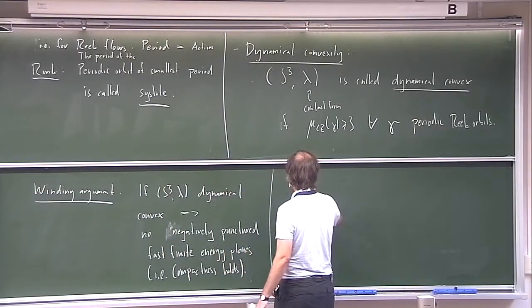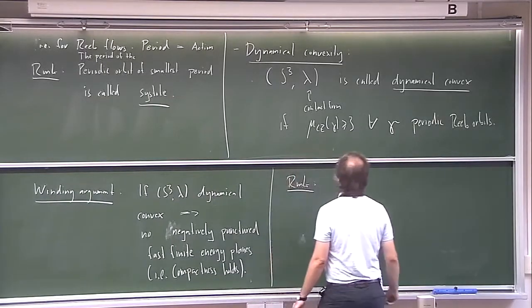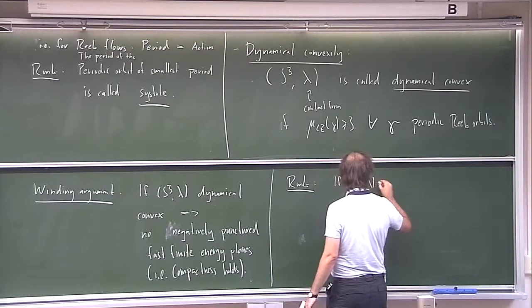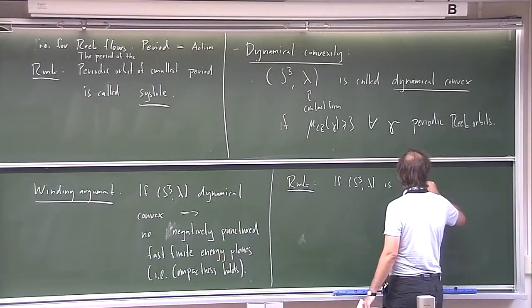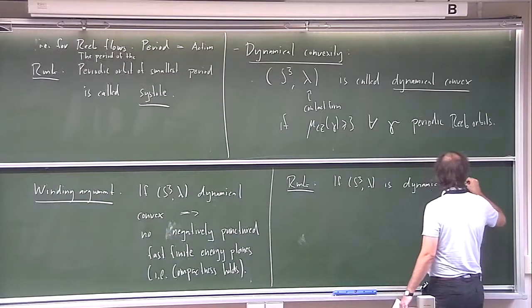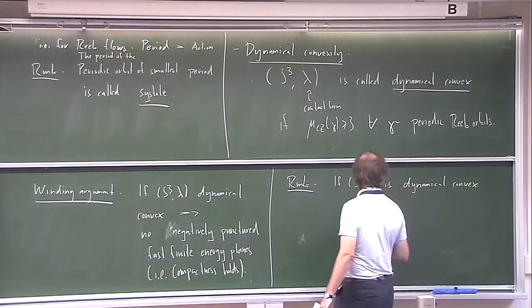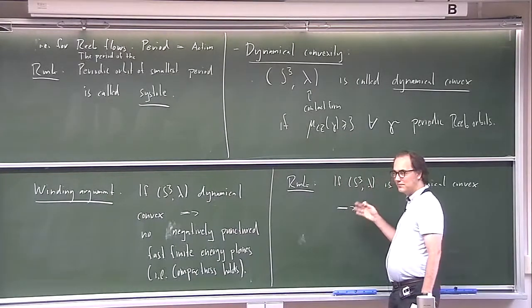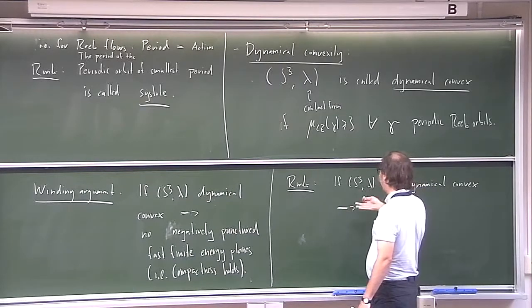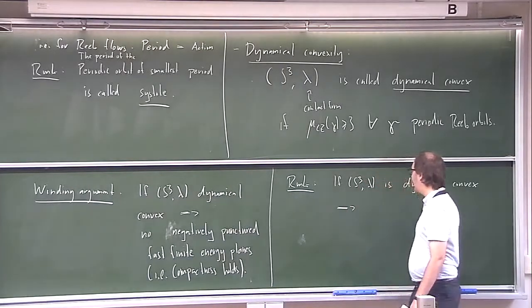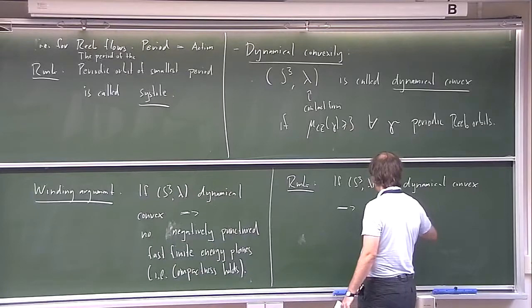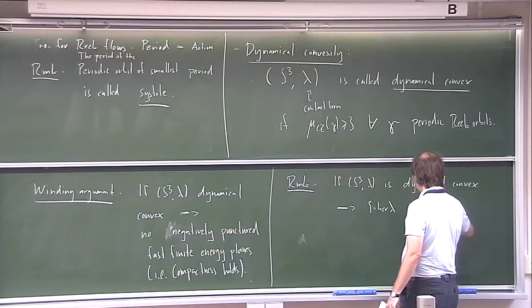As a remark, if S3 with lambda is dynamically convex, then it follows that the kernel of lambda is tight.